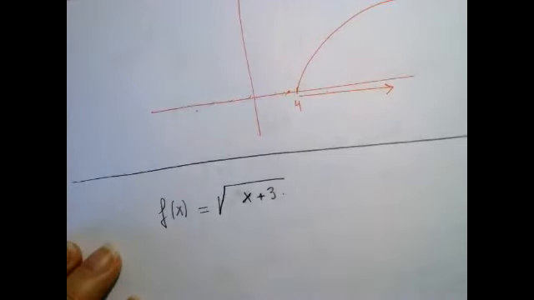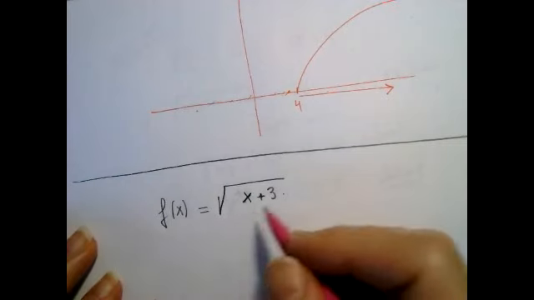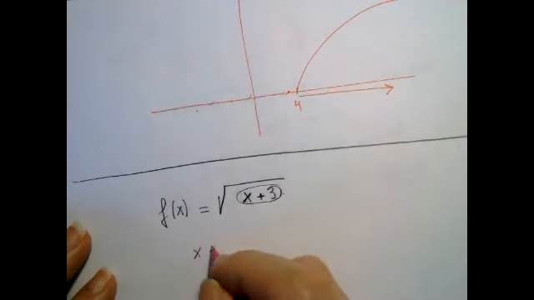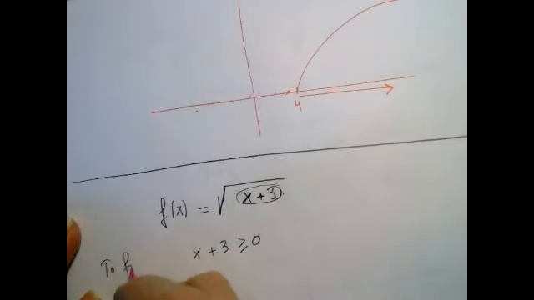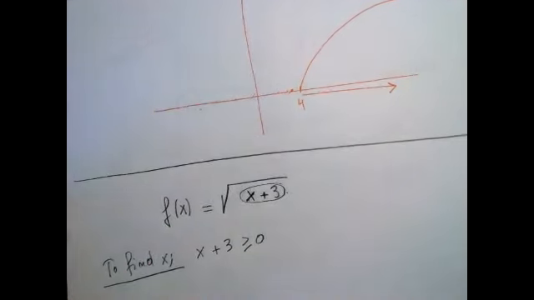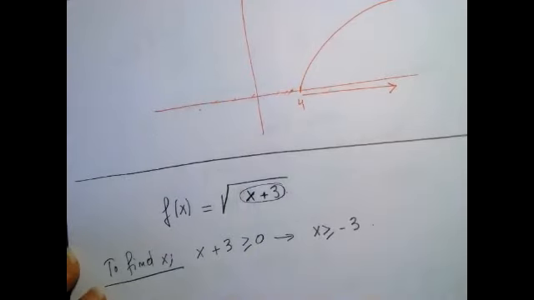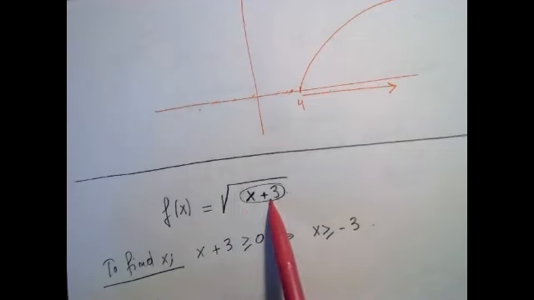Do you just want me to say the answer? No, how you got to it? I did x plus 3 should be greater than or equal to 0. That's what we want. So you have to find the x's that make the term under the square root positive, not the square root itself. It's going to give me x larger or equal to -3. In this problem, -3 will do it, because -3 plus 3 is 0. -1 will do it.